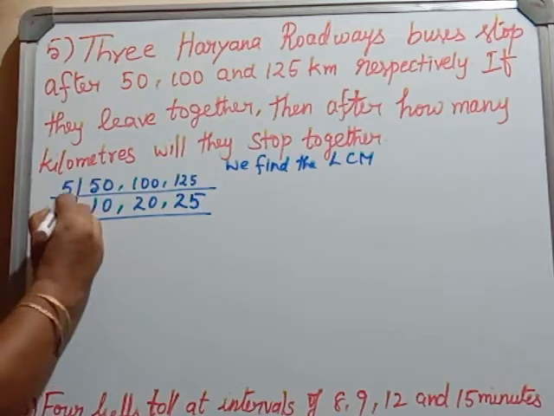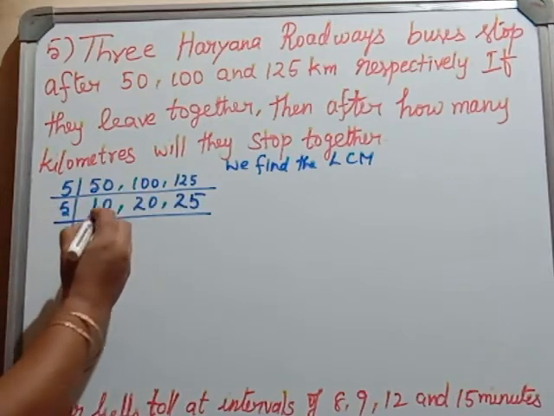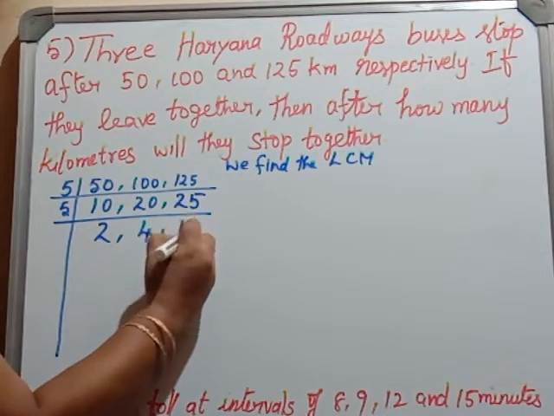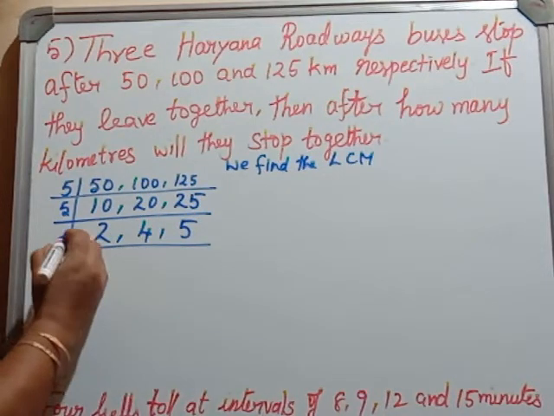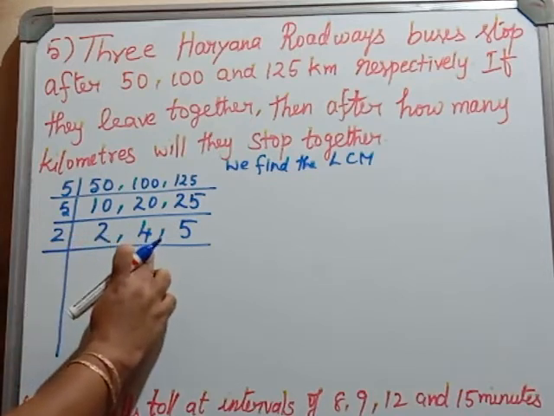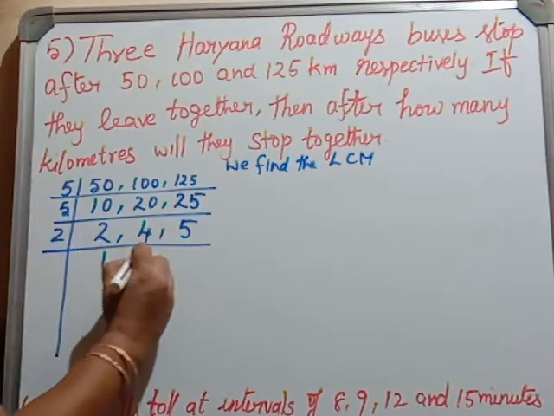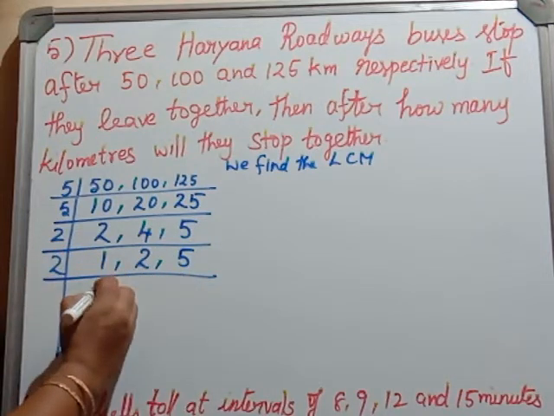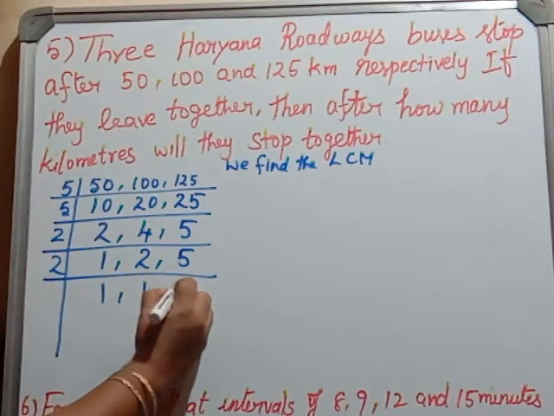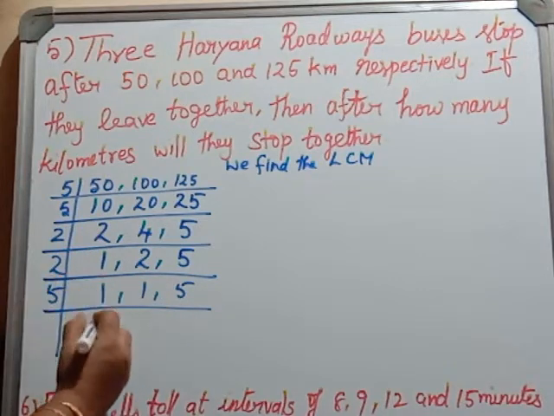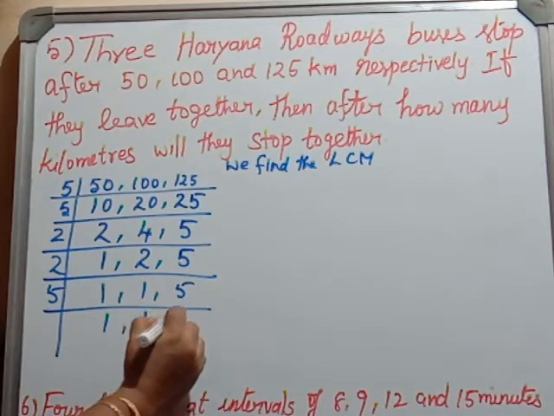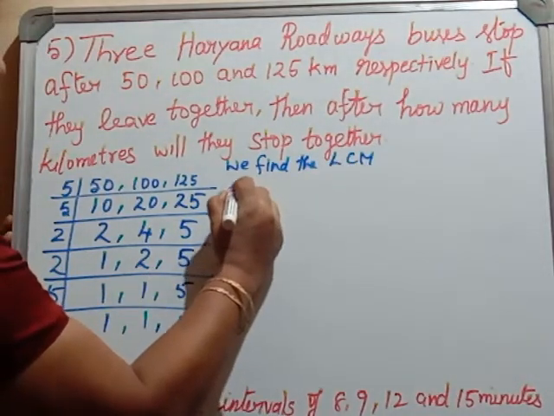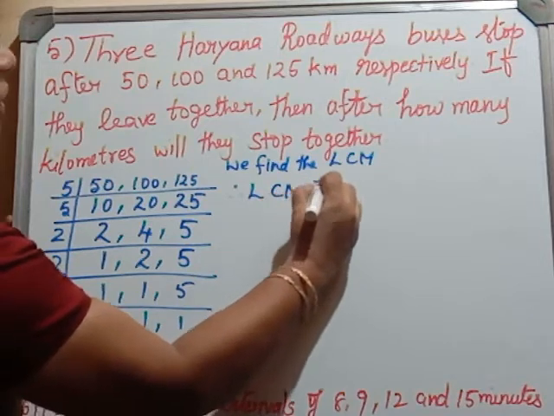Now again I will take 5 because all 3 numbers can be divisible by 5. 2 5s are 10, 4 5s are 20, 5 5s are 25. Now I will take 2 because 2 and 4 can be divided by 2. 2 1s are 2, 2 2s are 4, bring 5 as it is. Now 2, 1, 1, 5. Now we will take 5 as a divisor. We will get all 3 ones. 1 is the remainder.